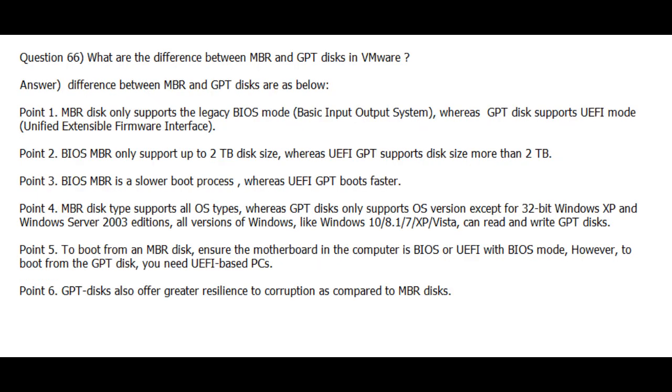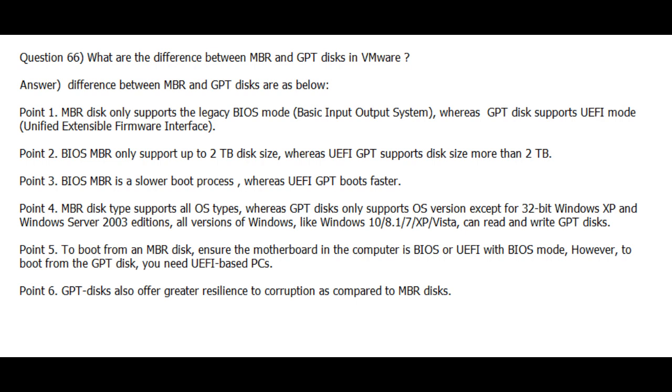Question 66. What are the differences between MBR and GPT disks in VMware? Answer. Differences between MBR and GPT disks are as below. Point 1. MBR disk only supports the legacy BIOS mode, basic input-output system, whereas GPT disk supports UEFI mode, Unified Extensible Firmware Interface.